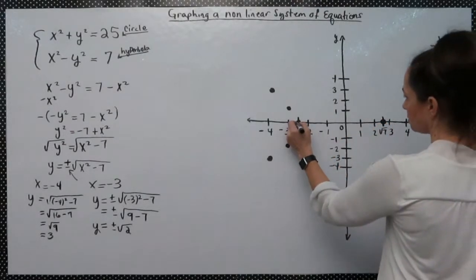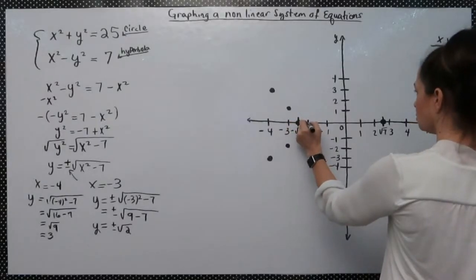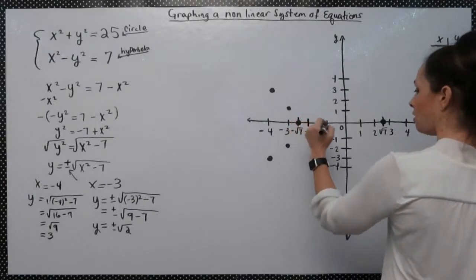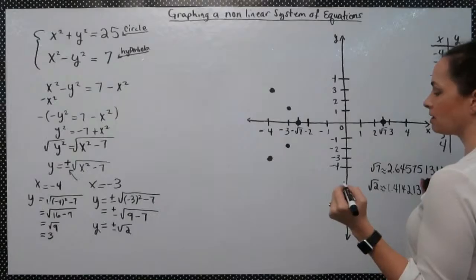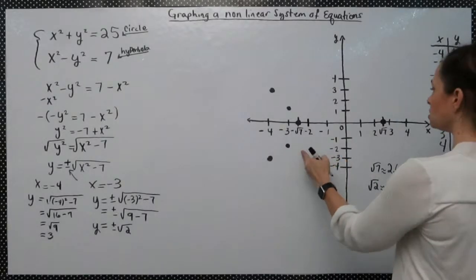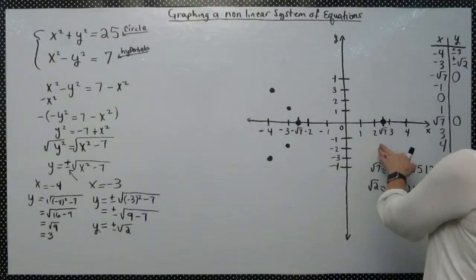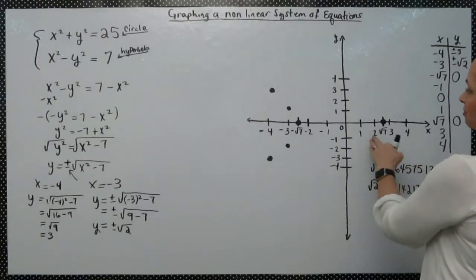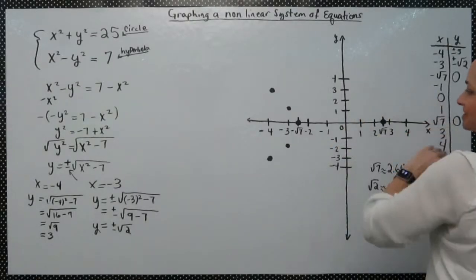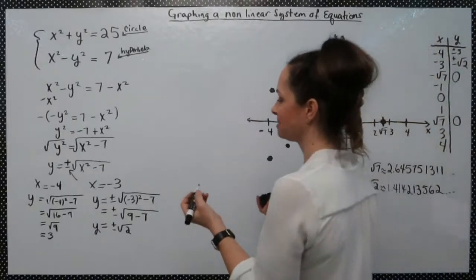So we've got radical 7 and radical 2. I want to see what happens when you plug in radical 2, but the graph disappears and it doesn't reappear until you get over here to radical 7. But I am curious what happens. So I put them on here. Let's just plug in and see what happens.